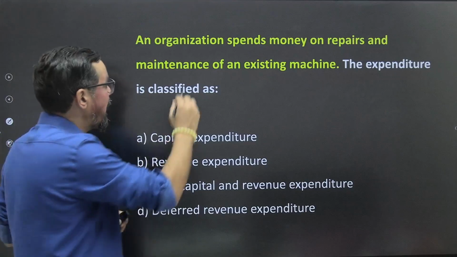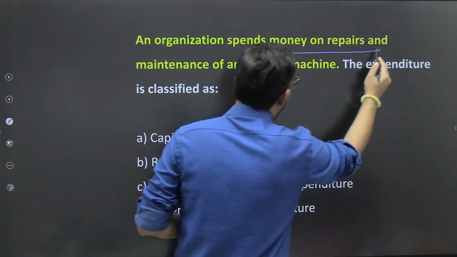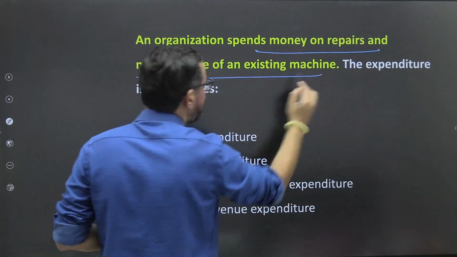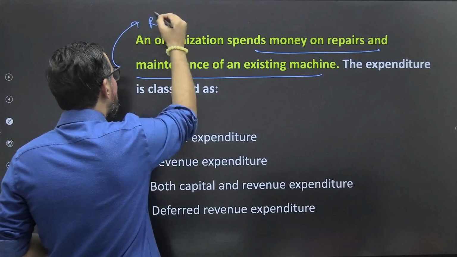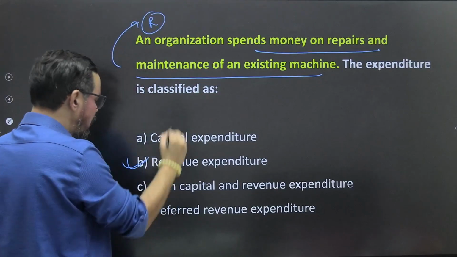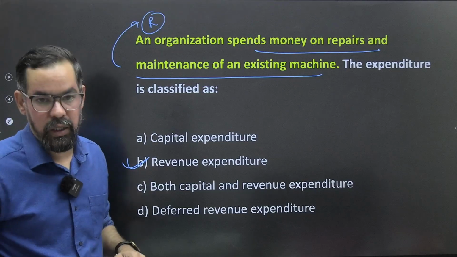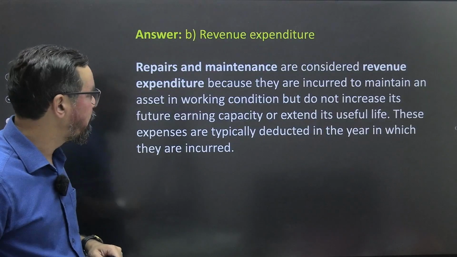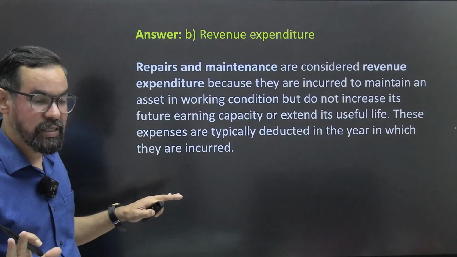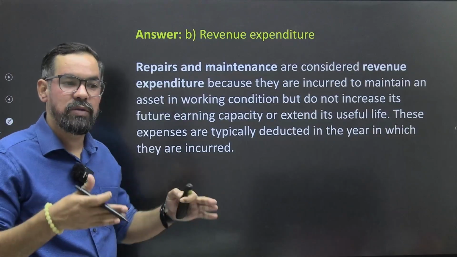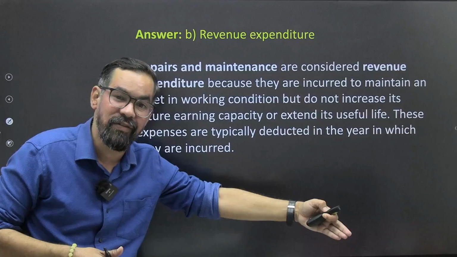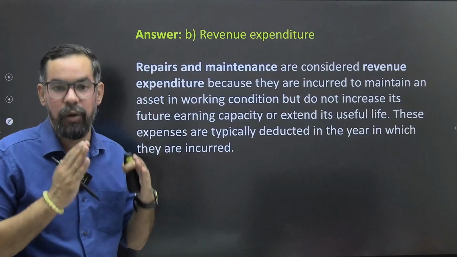Okay, next one. An organization spends money on repair and maintenance of existing machinery. So this will be which type of expenditure? This is the case of revenue expenditure, right? Please do take care about this thing again. If we are adding some spare parts which increase the overall useful life of that particular asset, that is capital expenditure.